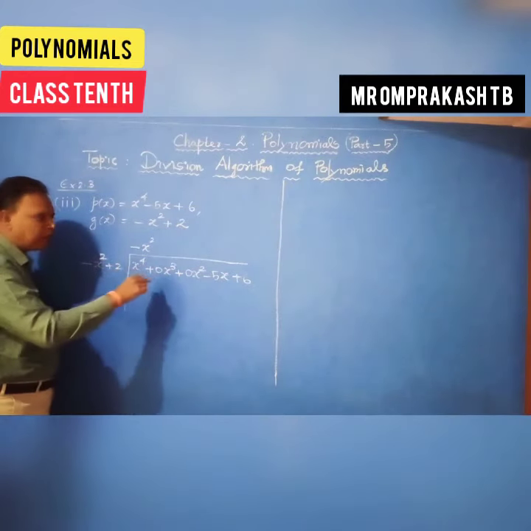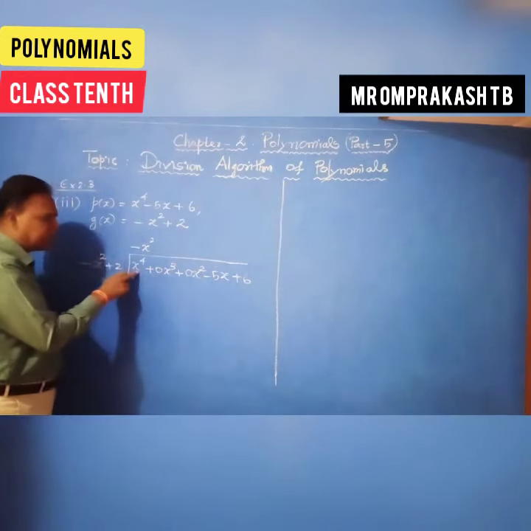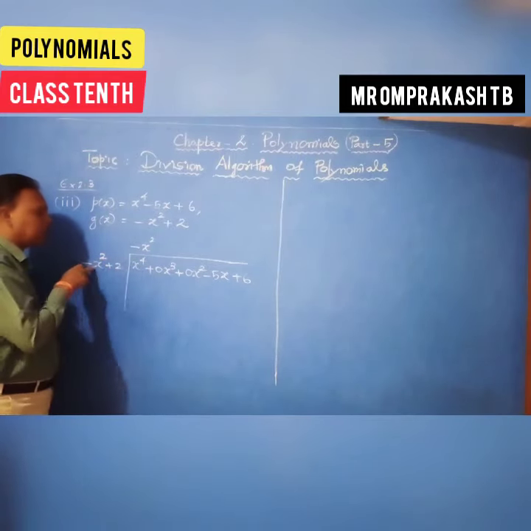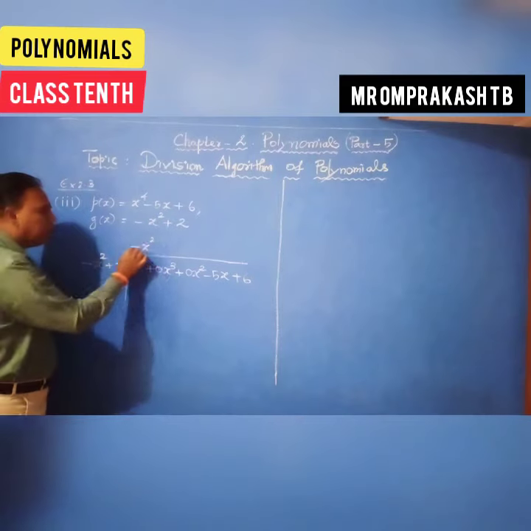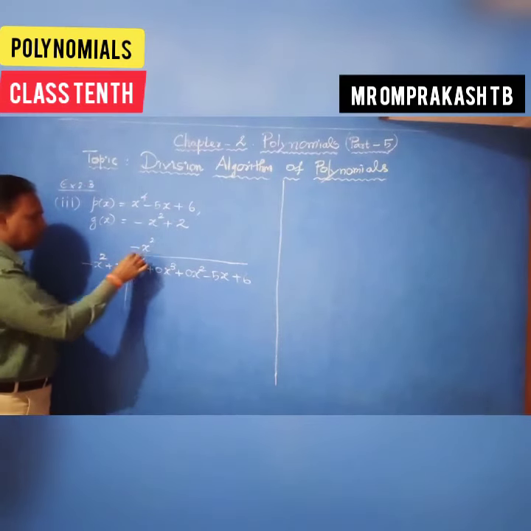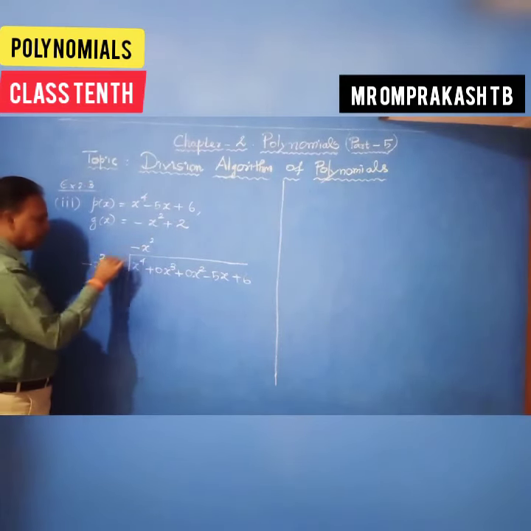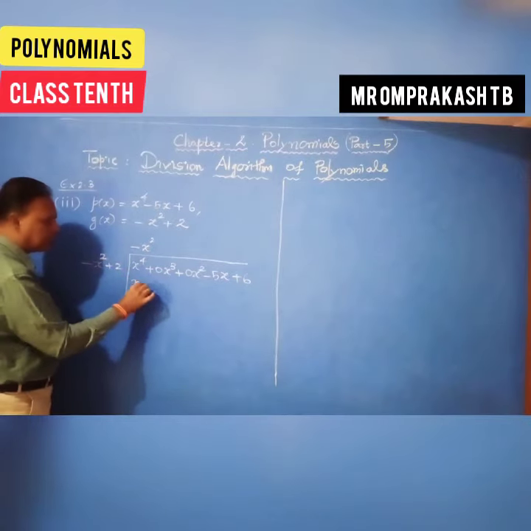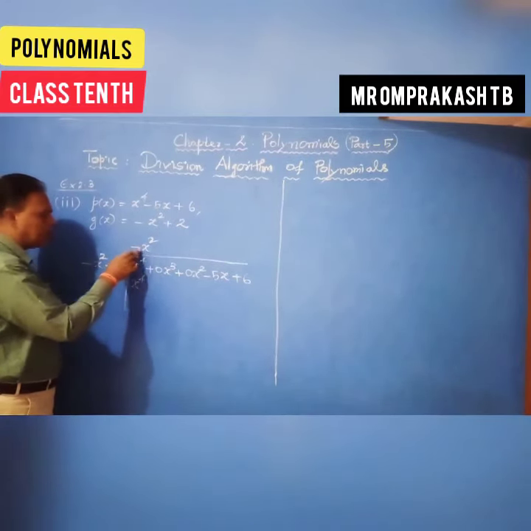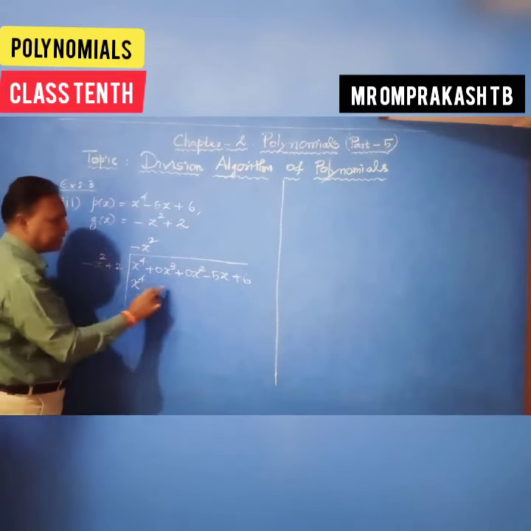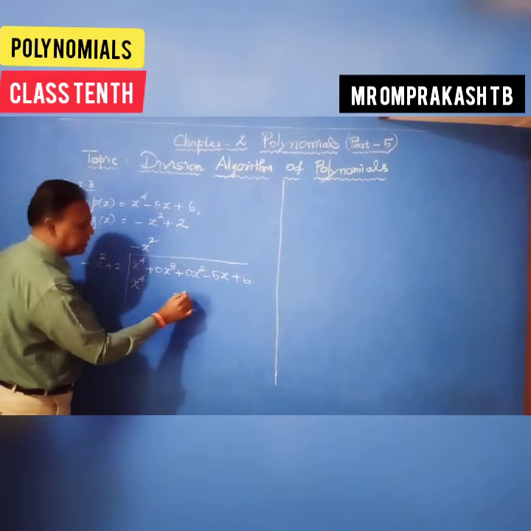Clear? If you have doubt, in the rough column divide and see. X power 4 by x squared is x squared. Now you multiply with this, minus into minus plus, x squared into x squared, x power 4. Clear? Now minus x squared plus 2 gives minus 2x squared. Minus 2x squared is here, so write it.